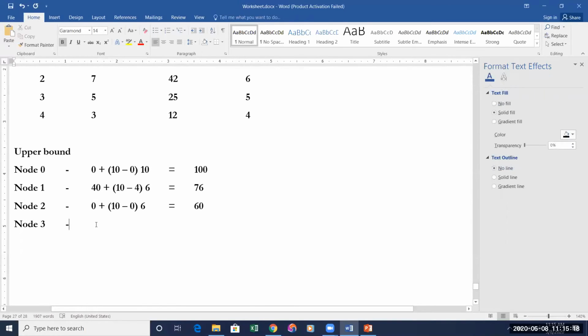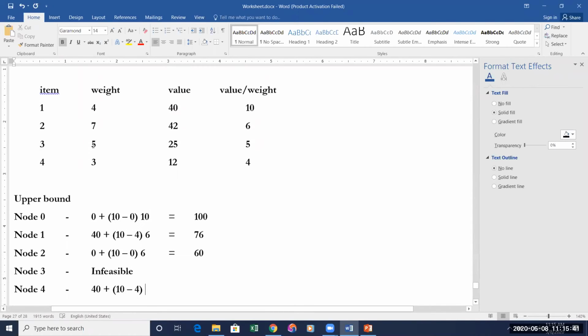Node 3 is infeasible. Node 4. What is the value? Value is 40 plus 10 minus 4 into what is the next one?